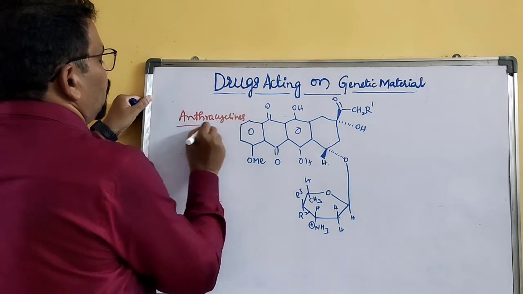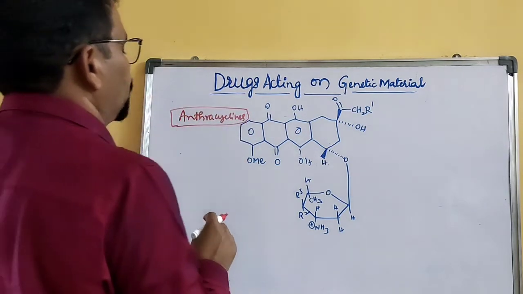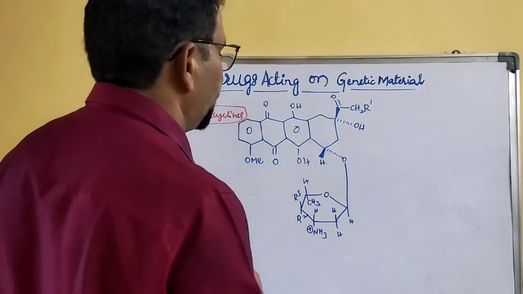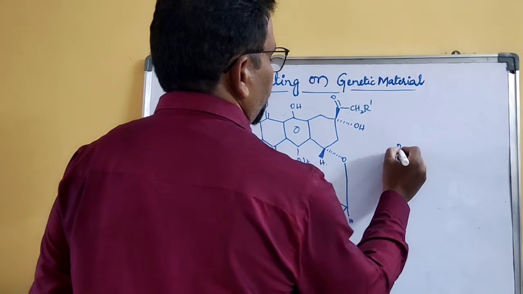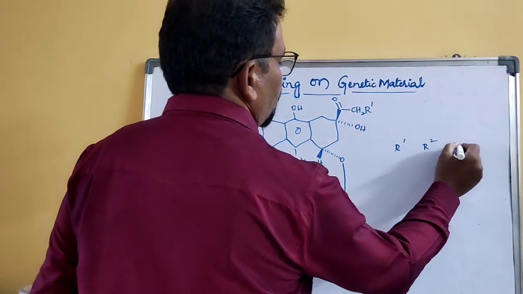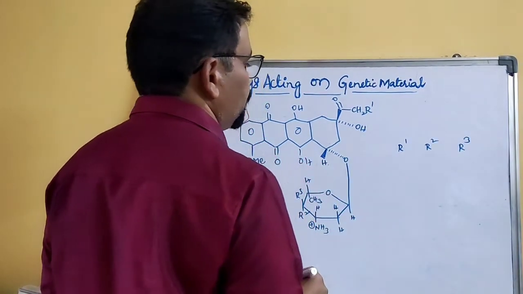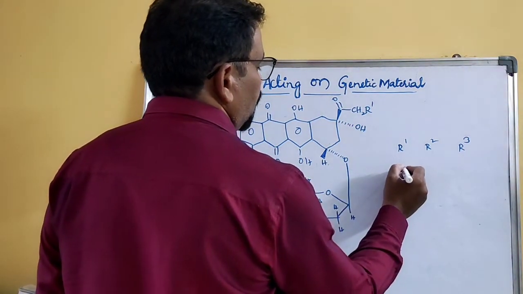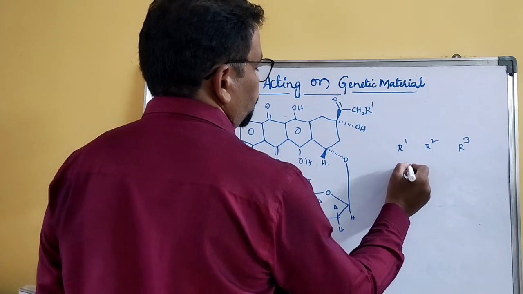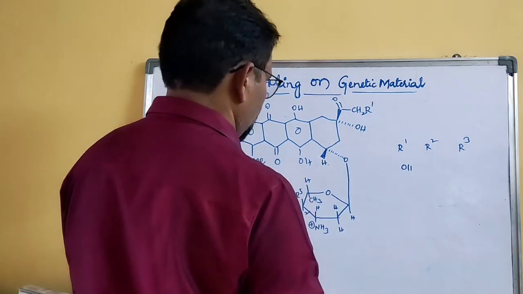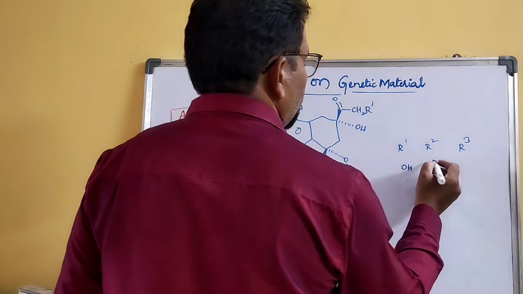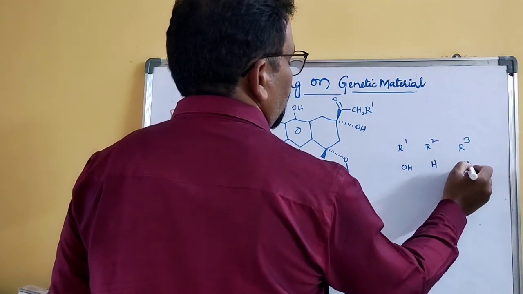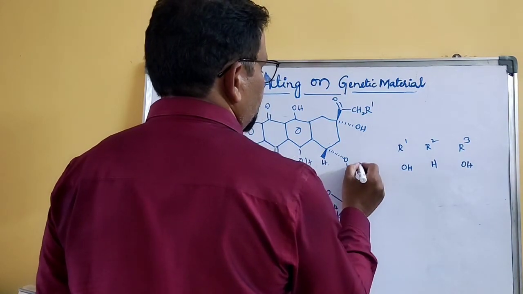This is the tetracyclic structure. So R prime, R2 and R3 give different compounds. If R prime is OH, and hydrogen and OH, this is called Adriamycin.